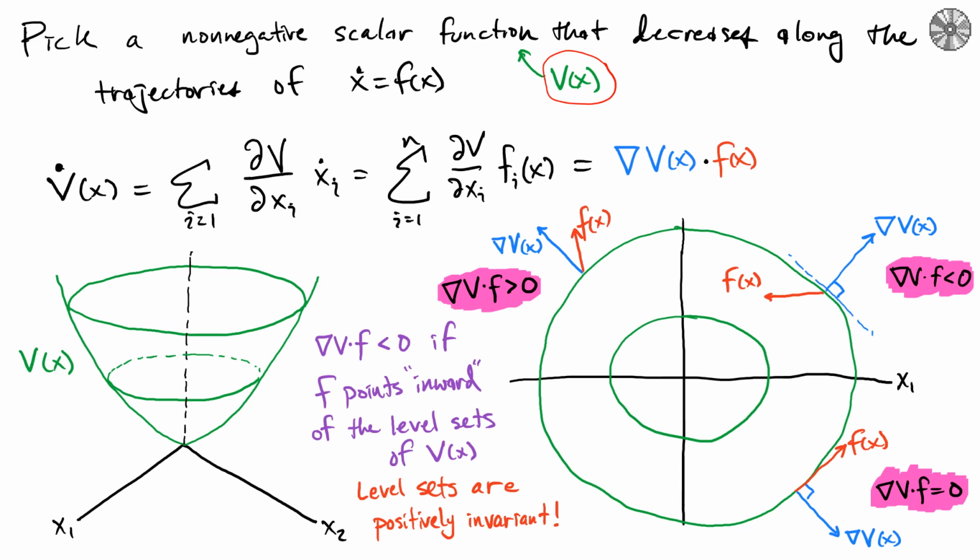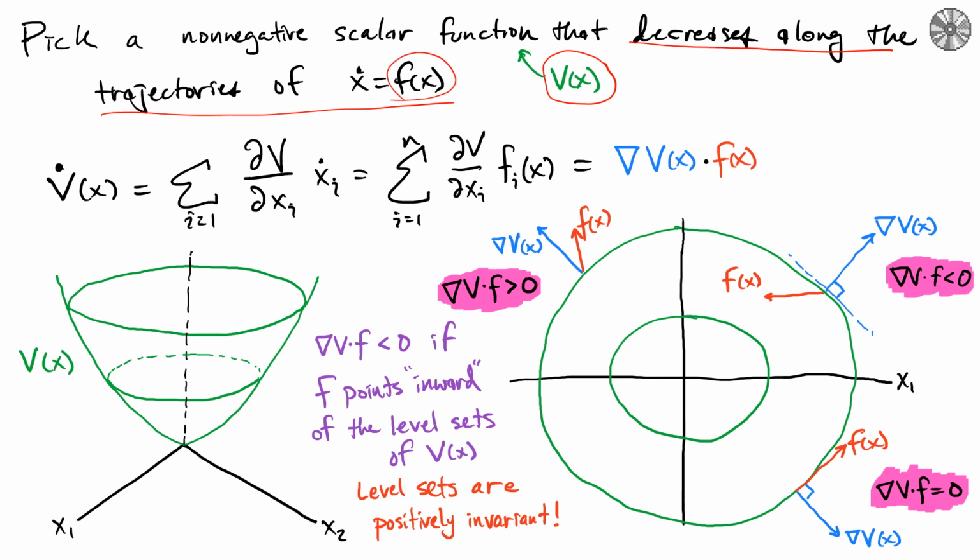The key thing is that it's going to be decreasing along the trajectories of the system x dot equals f of x. So now we're keeping this quite general. We have this non-negative function V of x, and we want to show that it decreases along trajectories that are described by this f of x.